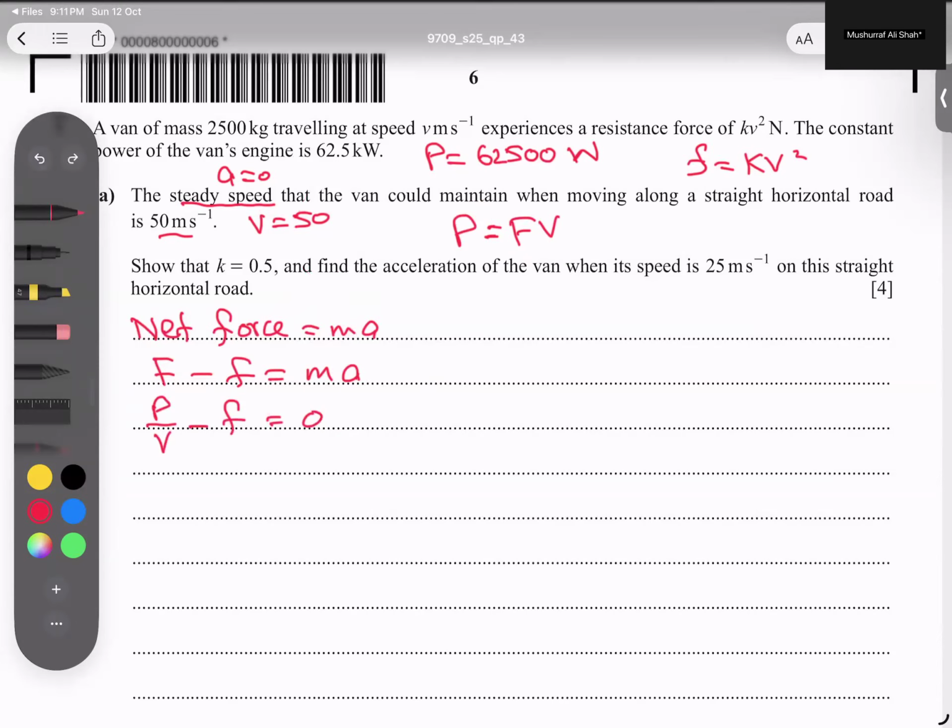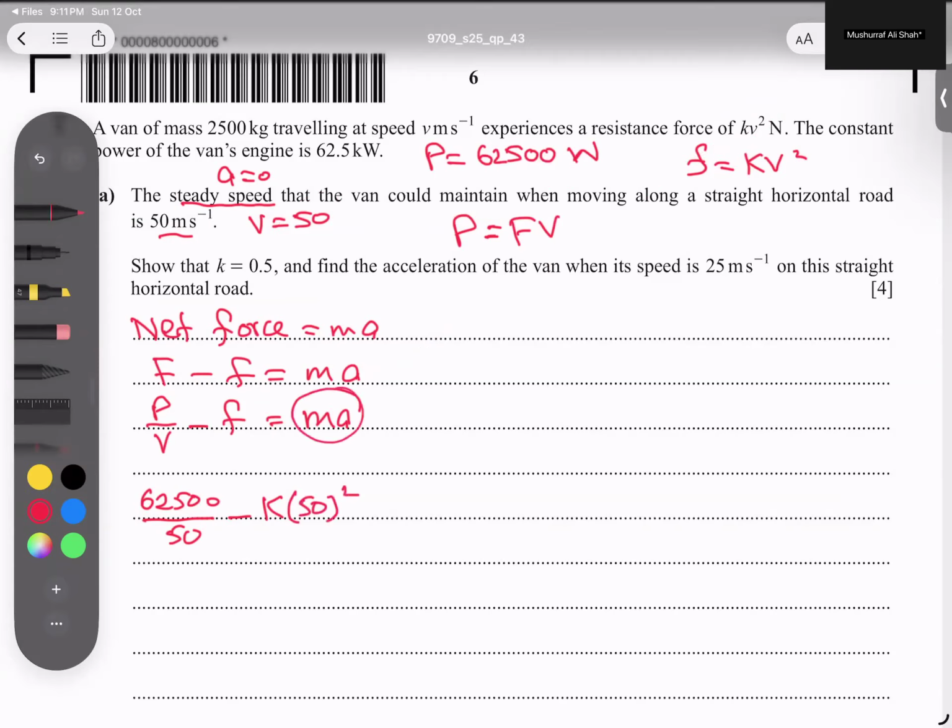Power is 62500, speed is 50, frictional force is kV squared, with V replaced by 50, so 50 to power 2.